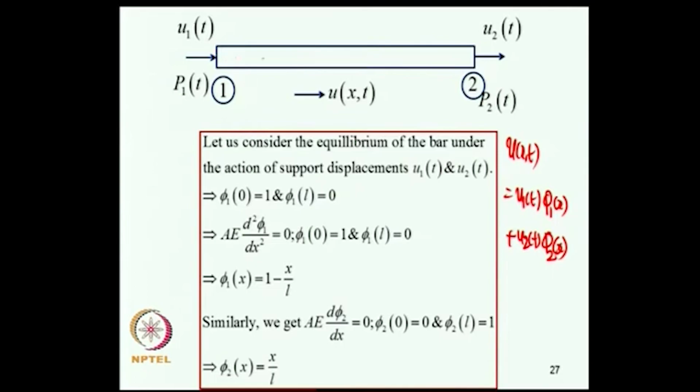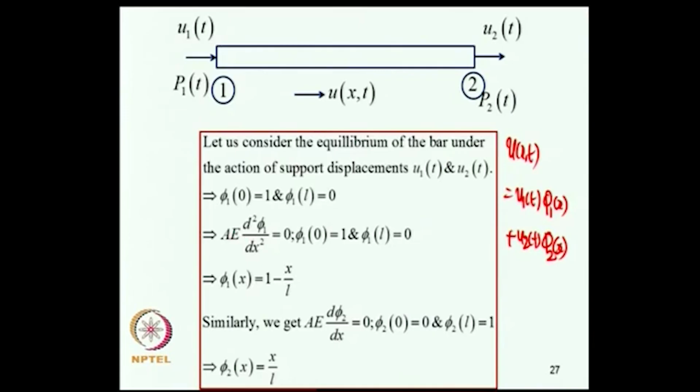That means, we are interpolating. Suppose I want the field variable here, I will interpolate the values at these two nodes and this is a representation, and phi 1 of x and phi 2 of x are the trial functions. Now, how to select these trial functions, that is the question we are asking, and what we do is we will assume phi 1 of 0 is 1 and phi 1 of L is 0.